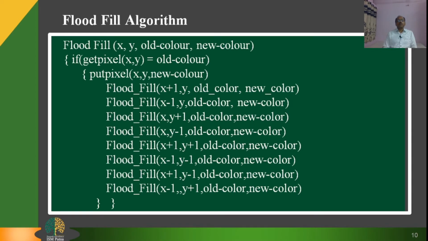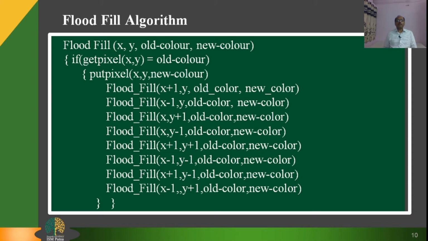So, we do get pixel, we compare get pixel with the old color, whether it is still of old color, then we replace it with the new color, and in this manner we move forward, and one by one we reach up to the last.